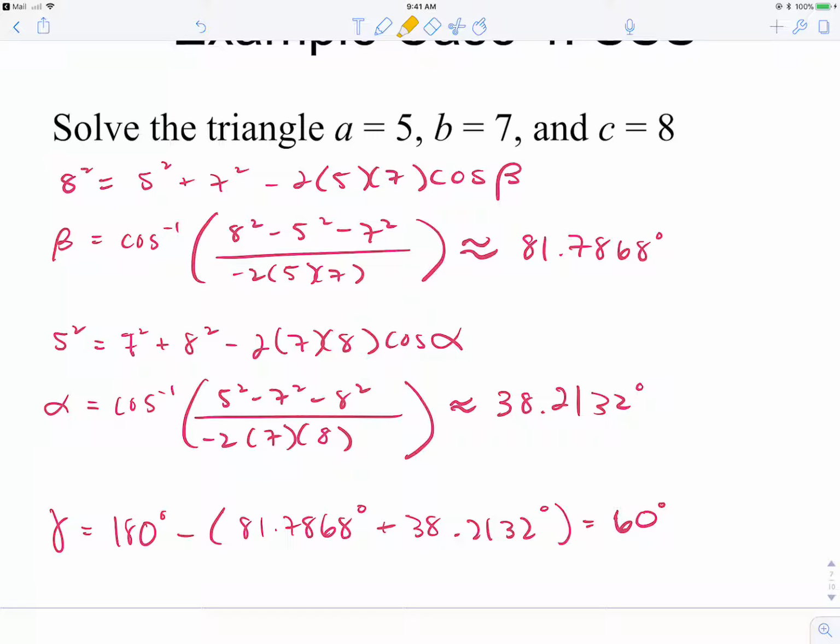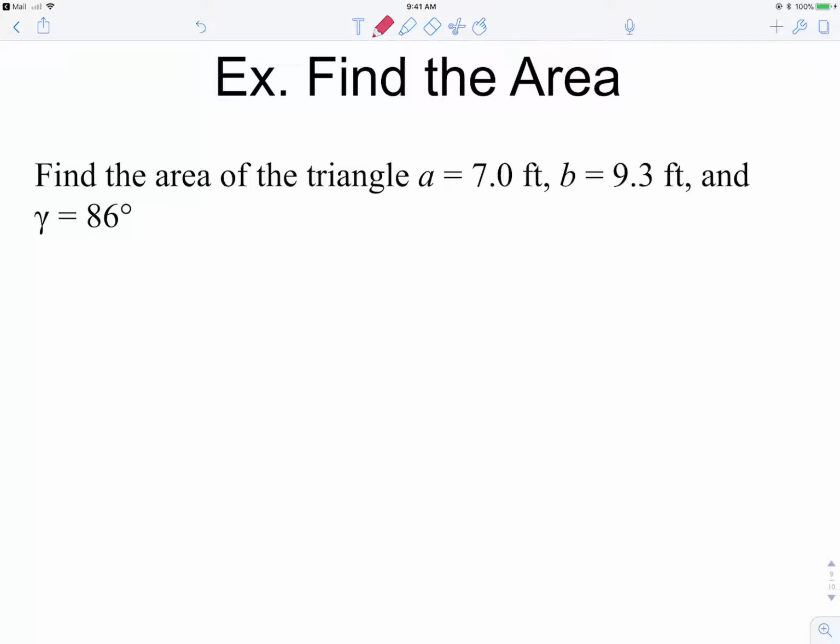So you guys know that the area of a triangle is equal to 1/2 base times height. You've known that for a very, very long time now. So just drawing, this is not a triangle that's to scale or anything. So if this is alpha, beta, gamma, A, B, C, and gamma is 86 degrees.